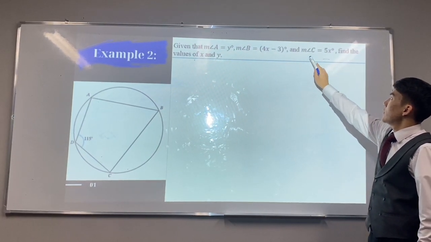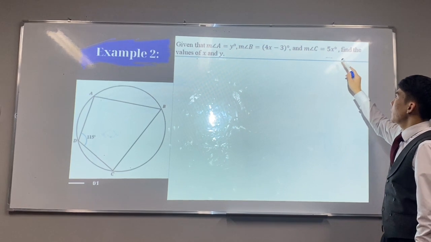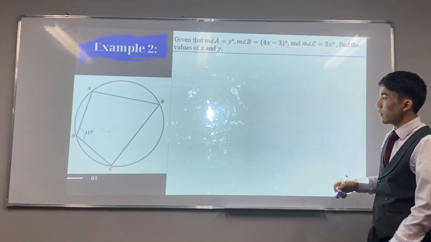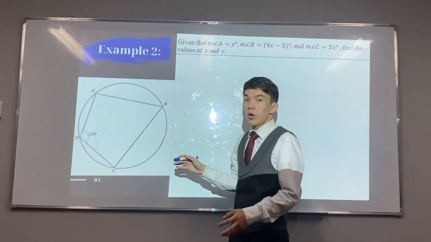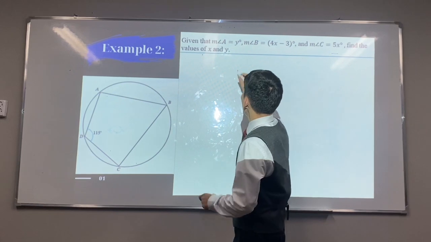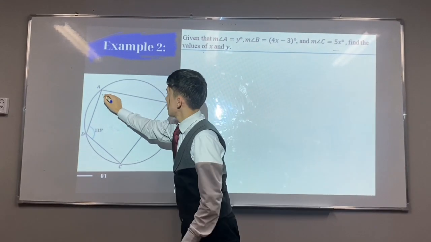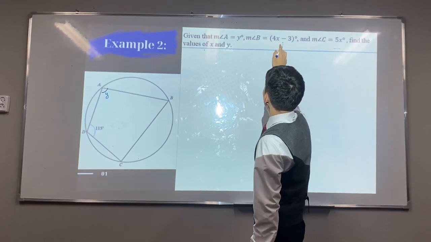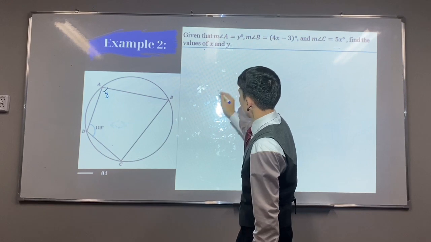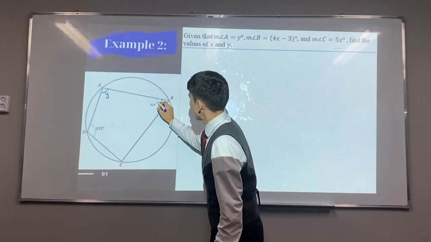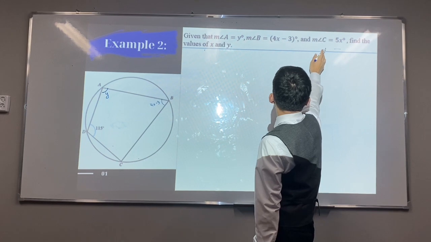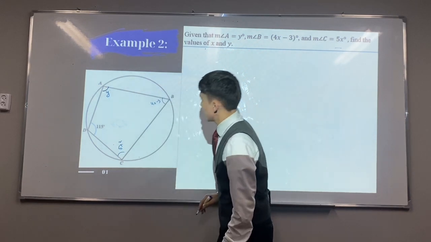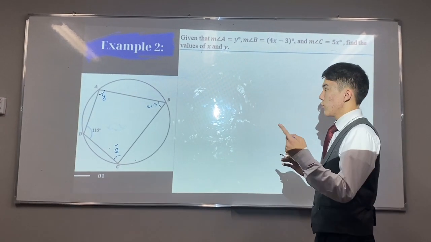And our second example: given that angle A equals y degrees, angle B equals 4x minus 3 degrees, and angle C equals 5x degrees. First of all, we draw our given measures like that. Angle A equals y, angle B equals 4x minus 3, and angle C equals 5x degrees. We can use our first theorem.